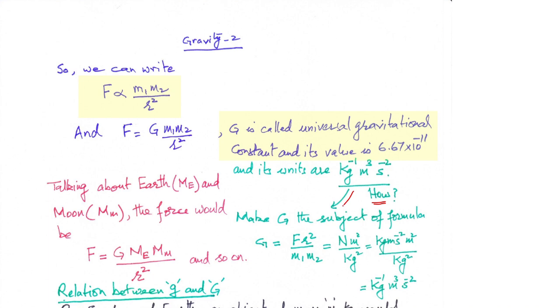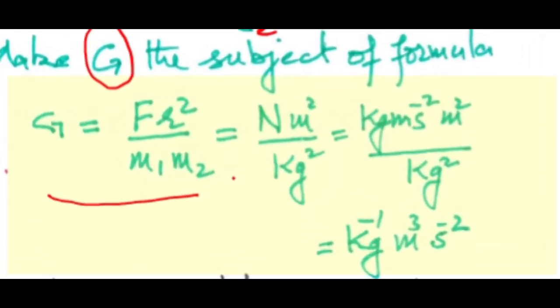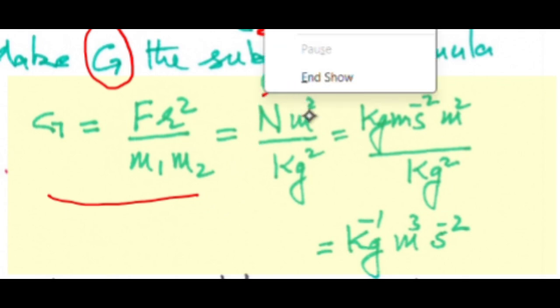How do we get the units of the universal gravitational constant? In the formula F is equal to G m1 m2 over r square, we make G the subject of the formula and we get G is equal to F r square over m1 m2. We put in the units.